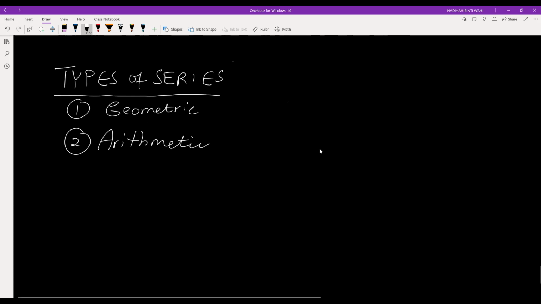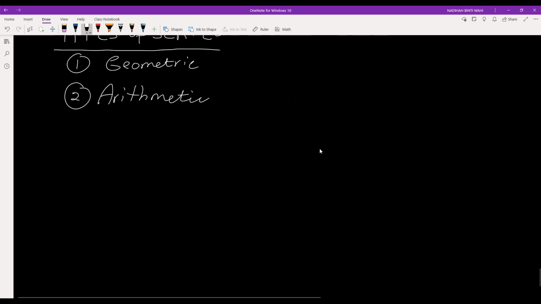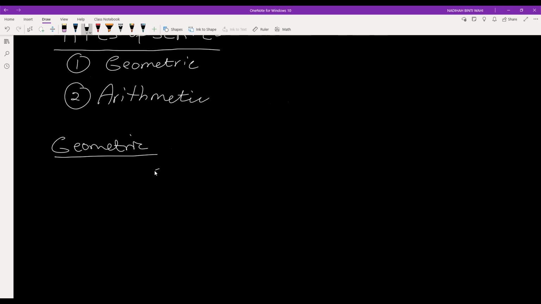Okay, so you have something over something to the power of something. So what's the formula for that? Geometric series is just when you have the summation of k equals 0 to infinity of a r to the power of k.